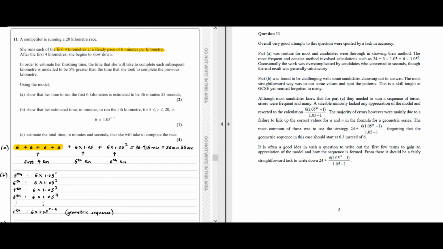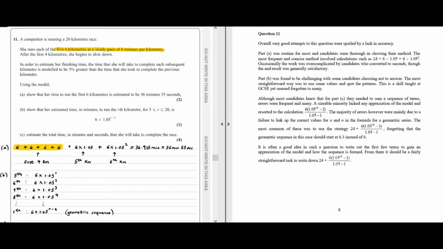Part B was found to be challenging, with many candidates choosing not to answer. The most straightforward way was to use some values and spot patterns. This is a skill taught at GCSE, yet seemed to be forgotten by many. Although many candidates knew that for Part C they needed to sum a sequence of terms, errors were frequent and many.